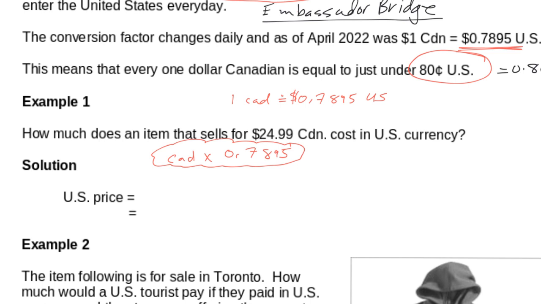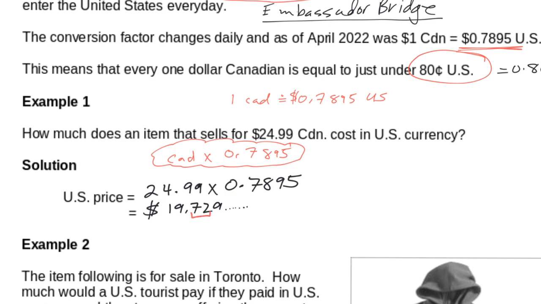Okay, so when we go and convert this into US currency, what that really means is this. We're going to take $24.99 and then we're going to times that by 0.7895. And that tells us that our final answer is $19.729. Now, remember, we only need to have up to 2 decimal places.